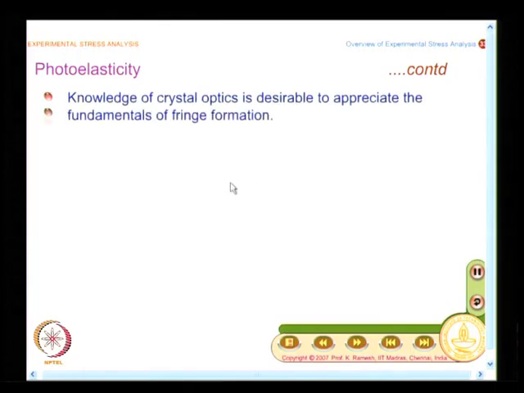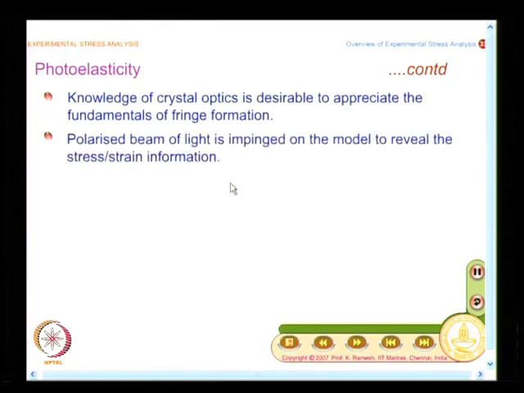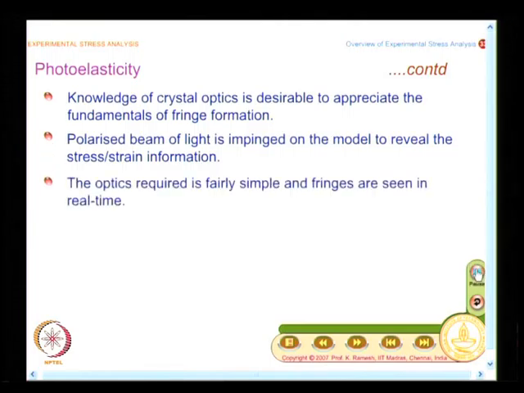Crystal optics is desirable to appreciate it, but we have already said that you can do it this way. You use a polarized beam of light for revealing the stress information, the optics required is fairly simple, and fringes are seen in real time.